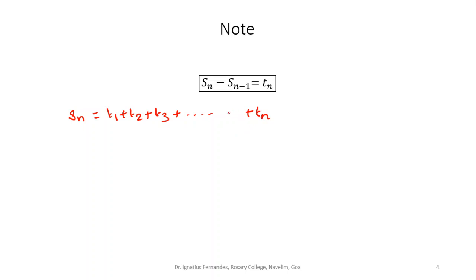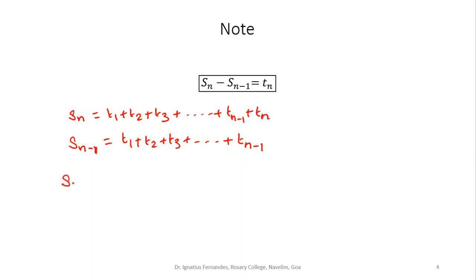Before Tn comes Tn minus 1. So if I consider Sn minus 1, what will it mean? It is the sum of the first n minus 1 terms. So we are taking T1 plus T2 plus T3 and so on, only till n minus 1 terms.